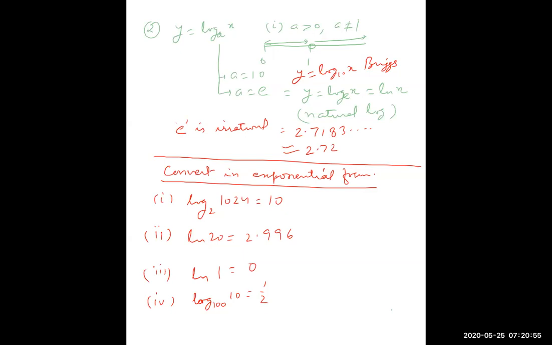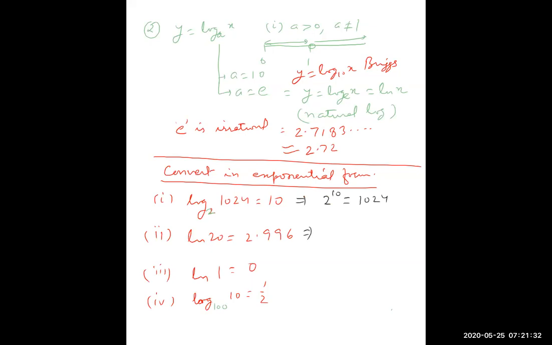See, this 2 is the base here. Here the base is e, as I have written ln, and here the base is 100. So this can be written as: the base will remain the base. 2 raised to power 10 is equal to 1024.